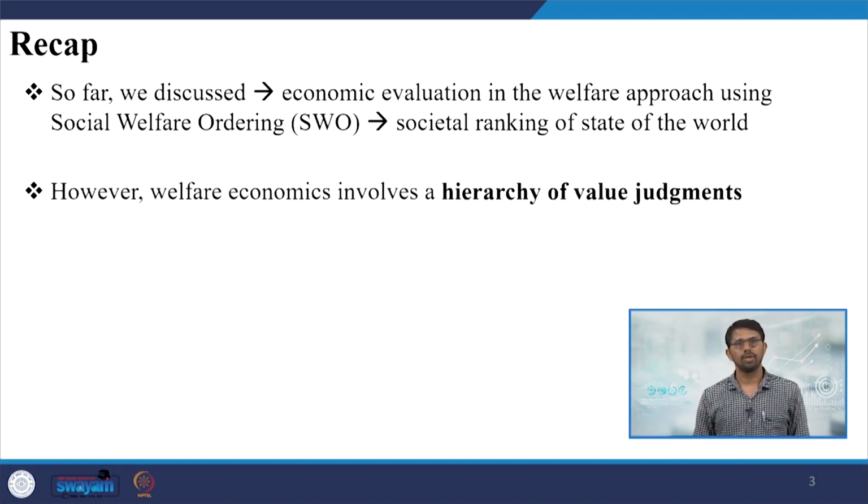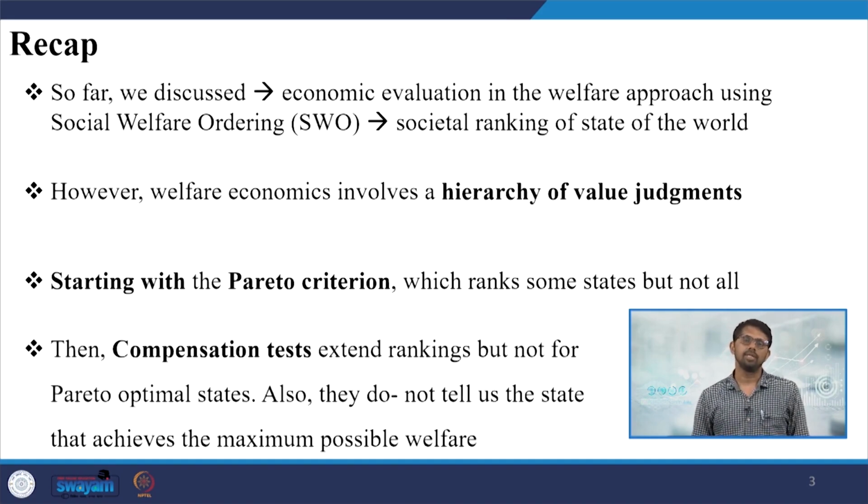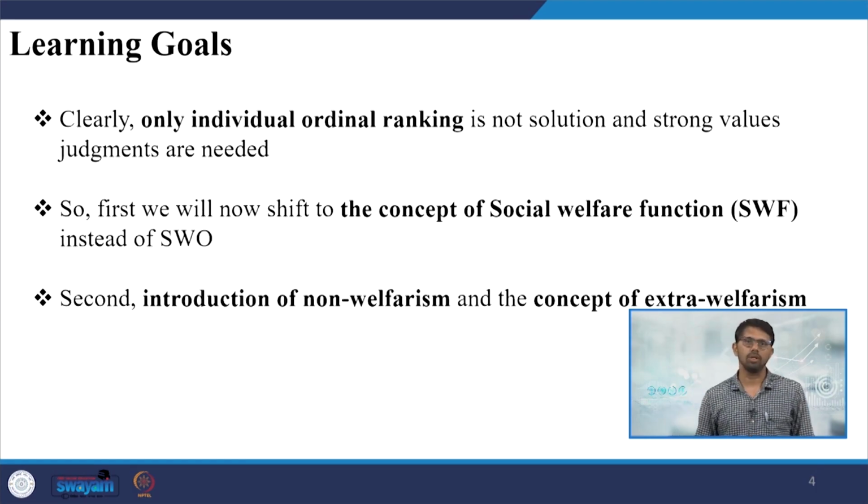As we know, welfare economics involves a hierarchy of value judgment, starting with the Pareto criteria that ranks some states but not all. Then we discussed compensation tests to extend the ranking, but not for Pareto optimal states. And also these tests do not tell us the state that achieves the maximum possible welfare.